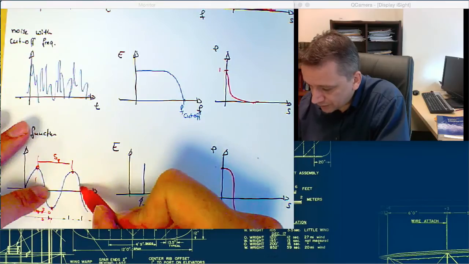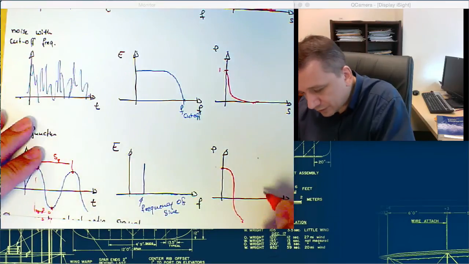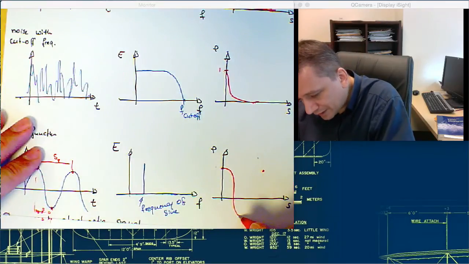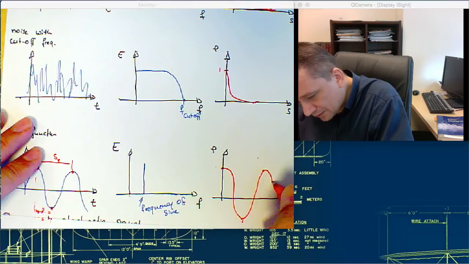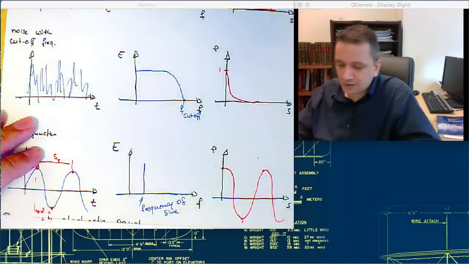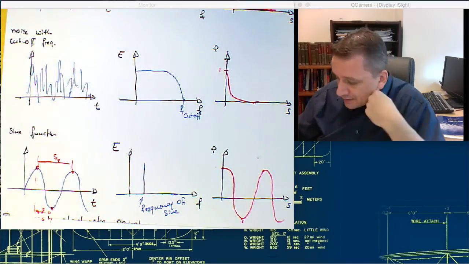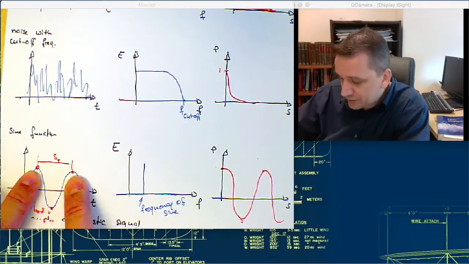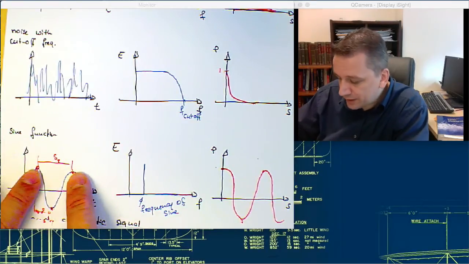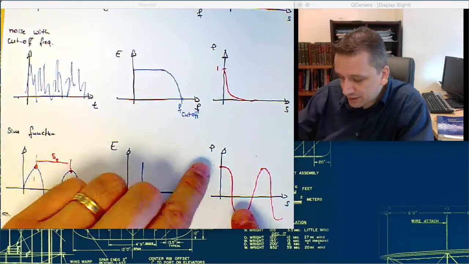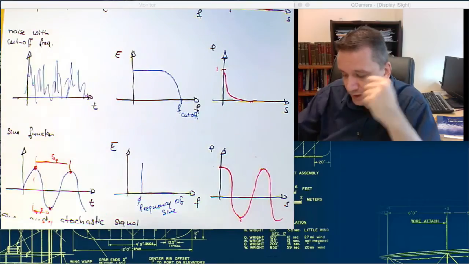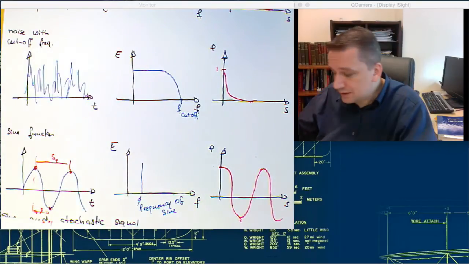So you're moving down, they're always going to be correlated, going up here to 1. So the correlation is going to look like this. This peak is always correlated with this peak, and always anti-correlated with this peak. That's why you get this kind of signal.